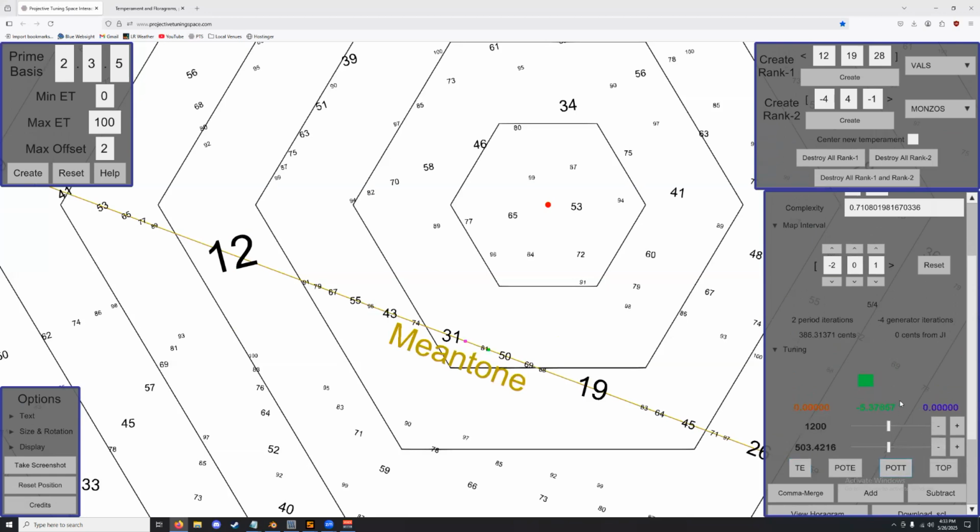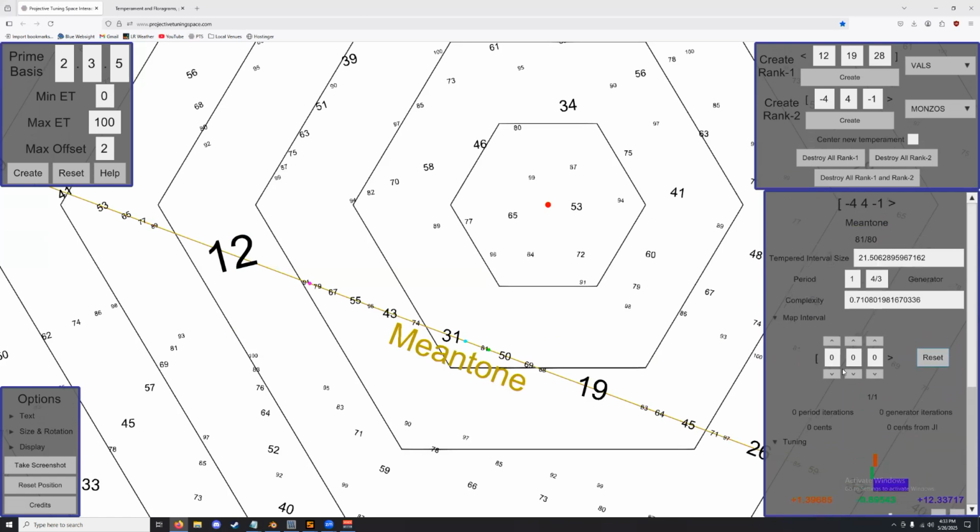The pure octave top actually puts 5/4 pure as well because it's a doubly pure thing. And the POTE is a bit less pure there, but you can see the numbers change as the dot moves.